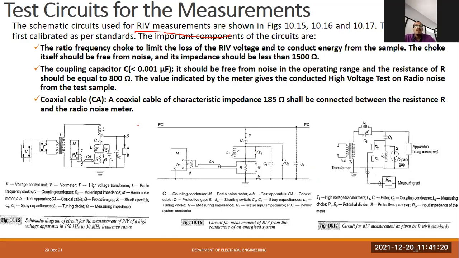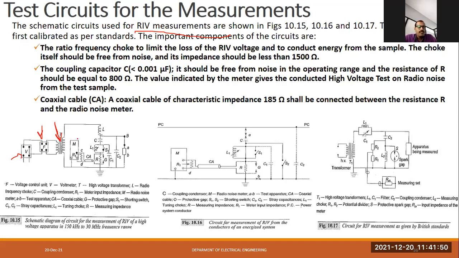So what are the important components of this figure? Here I will explain the important components. Radio frequency chokes are there, which are used to limit the loss of this RIV voltage, and that will conduct energy from each and every sample. Here V stands for the voltage control unit. This is my voltmeter, this is my control unit, this stands for my high voltage transformer.